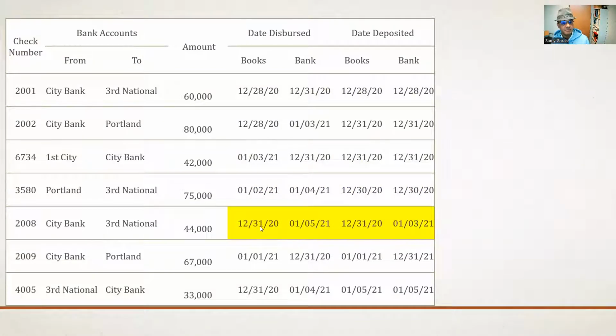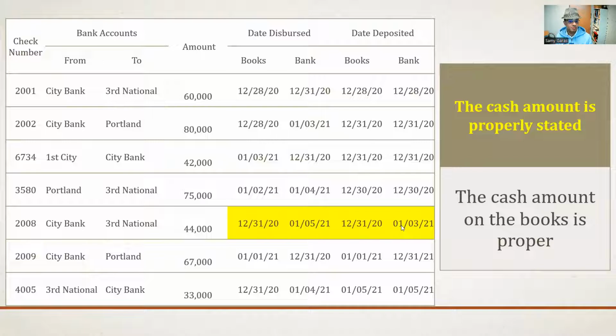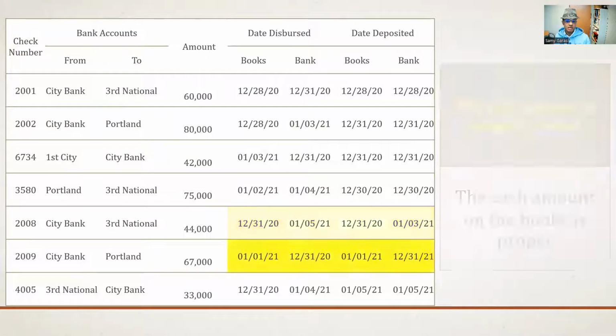Go to the next one. Here, the payment and the receipt in 2020, the payment and the receipt in the bank in 2021. So here it's properly stated. Go to the next one. Here, the payment in 2021, the receipt in 2021, the payment in 2020, and the receipt in 2021.